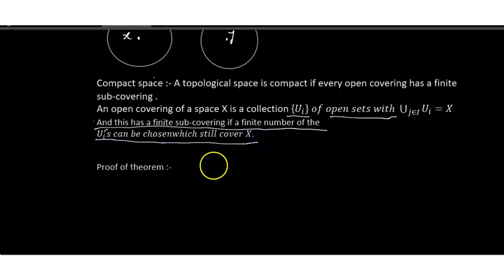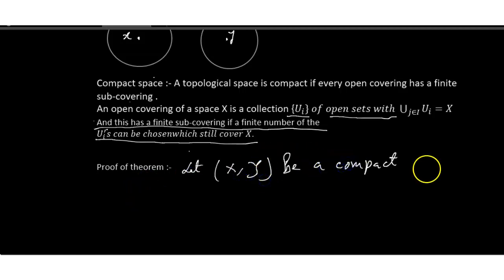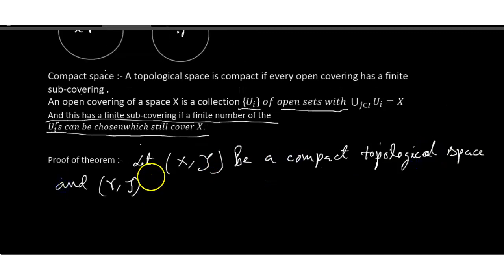So friends, now I want to prove the theorem. Let (X, tau) be a compact topological space, and (Y, tau') a Hausdorff space.